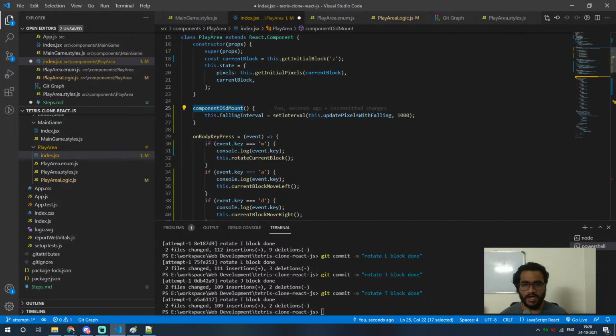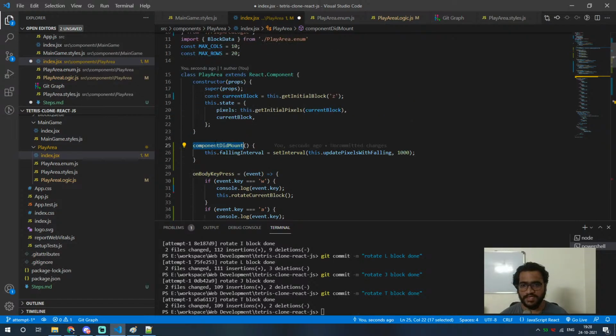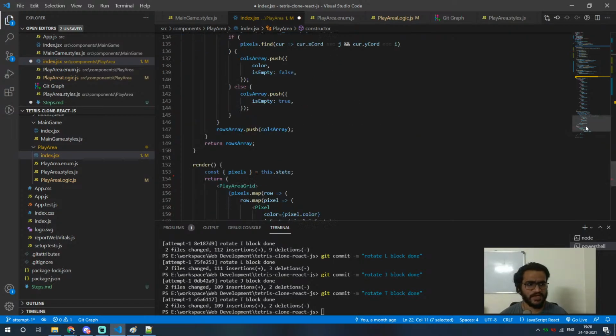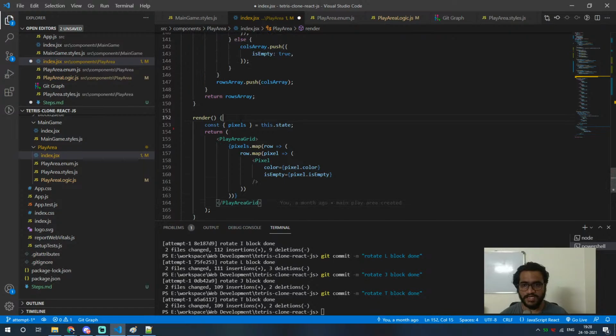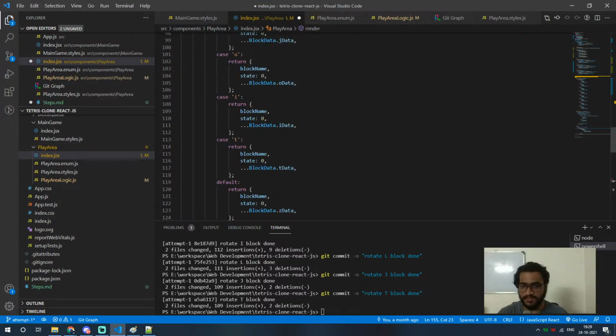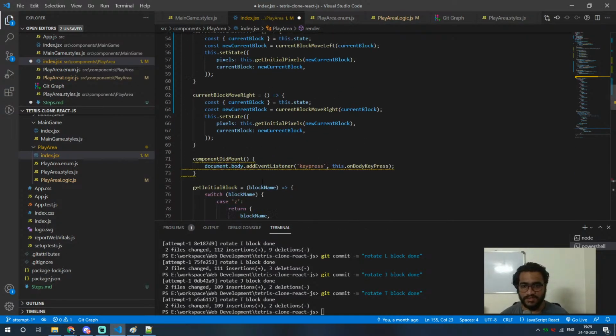Now I'm not going deep into what that means when it comes to React, but it's a React lifecycle function. What it does is, whenever the components that are inside the render function of React get displayed, this function would run.